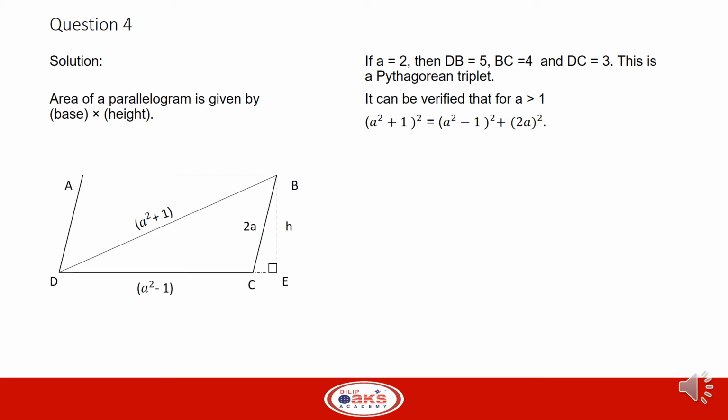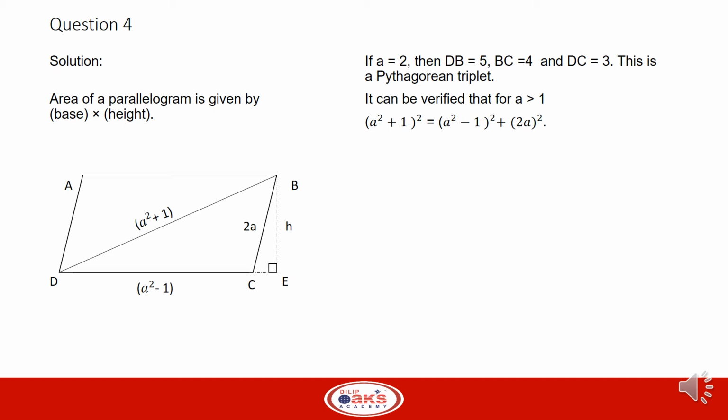What we may do is put a equal to 2 in all three expressions, then it is easy to observe that length DB is equal to 2 square plus 1, which is 5, length BC, which is 2a, that is 4, and length DC is equal to a square minus 1, that is 2 square minus 1, which is 3. This is a Pythagorean triplet.